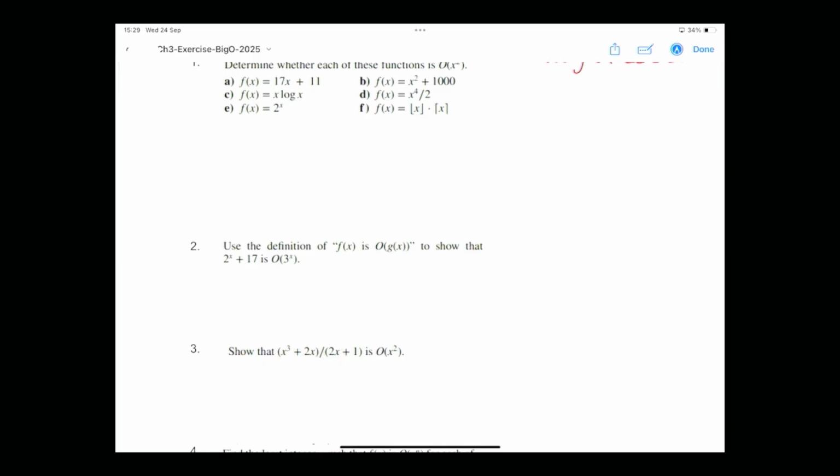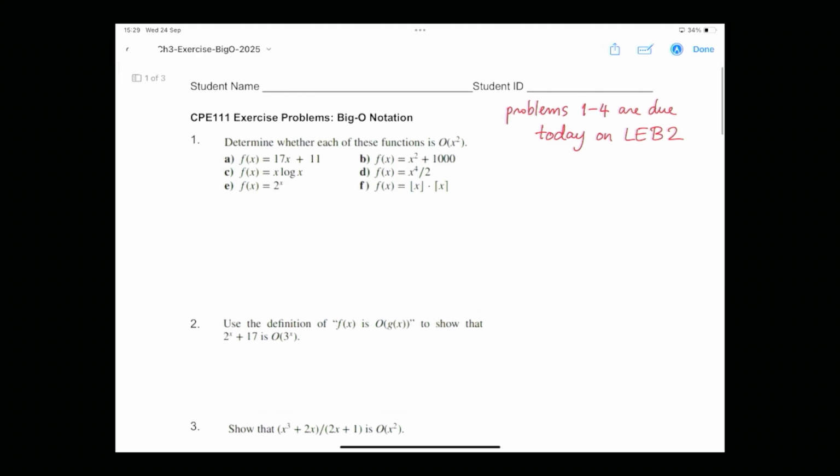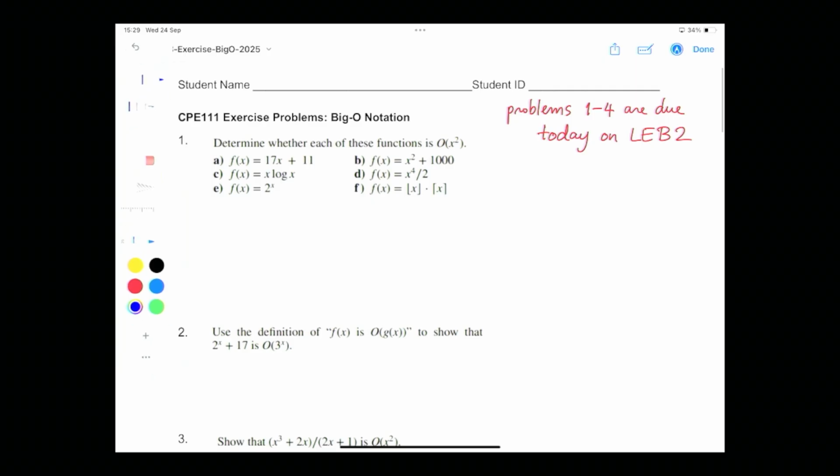Okay, attention, please. Let's work on a few problems together here, just to make sure that everyone follows and knows how to solve all of them. Starting with the first problem, we have to show how we get to the answer, not just say yes or no. Problem 1, we have A, B, C, D, E, F here.